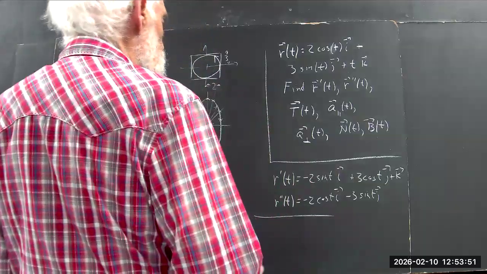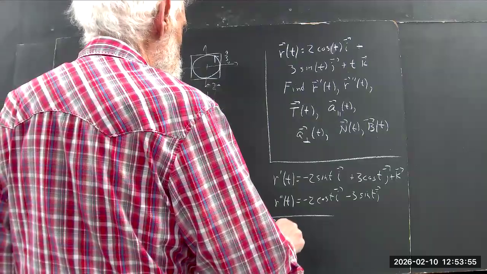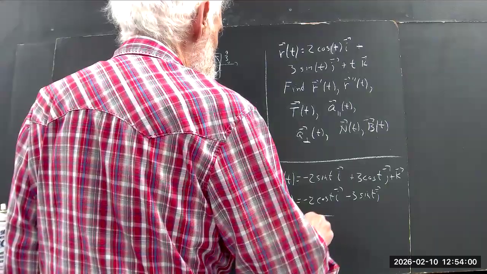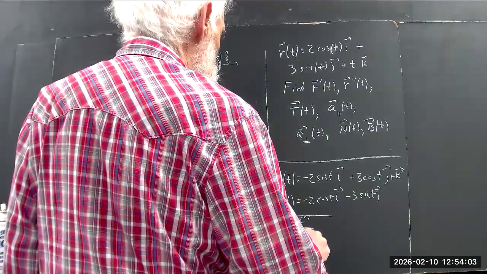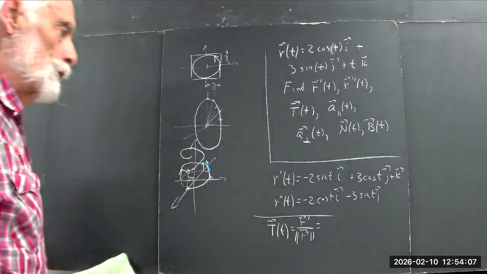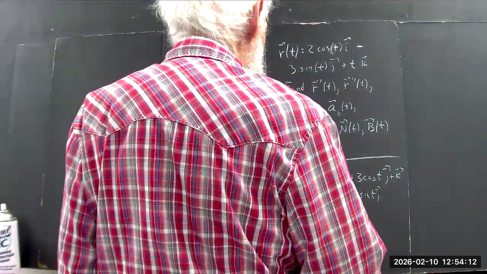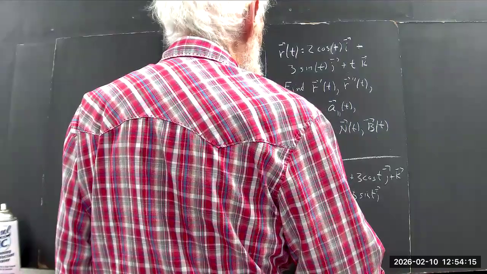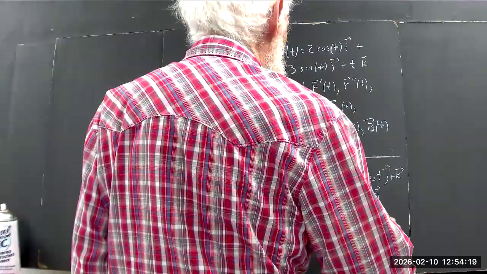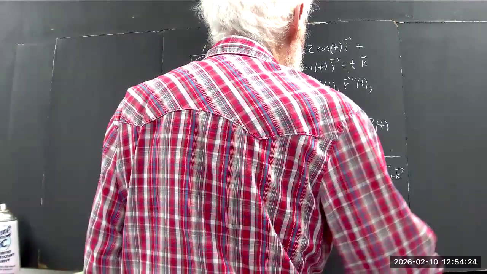Let's see what we've got. So unit tangent. And everybody's got this, I think. This is your r prime over the magnitude of r prime, which is -2 sine t i plus 3 cosine t j plus k.